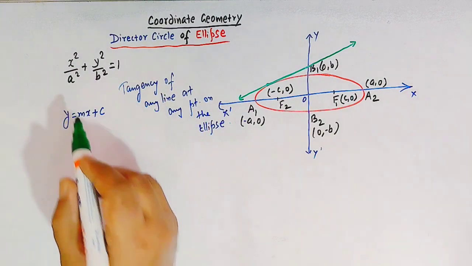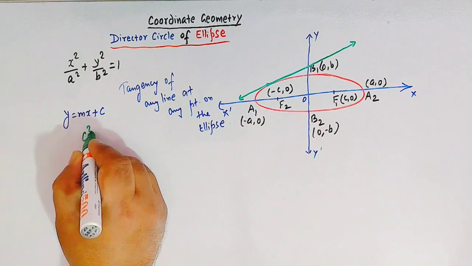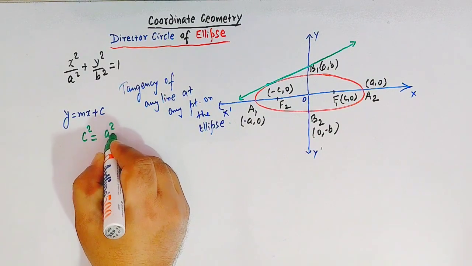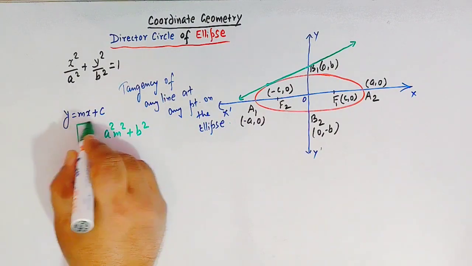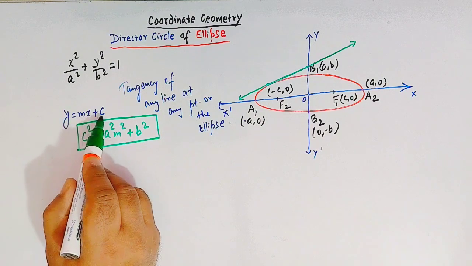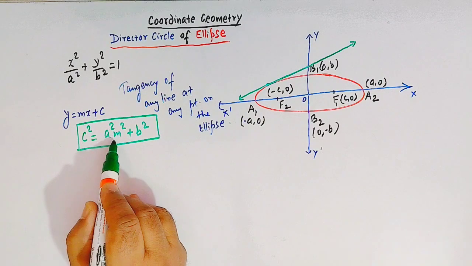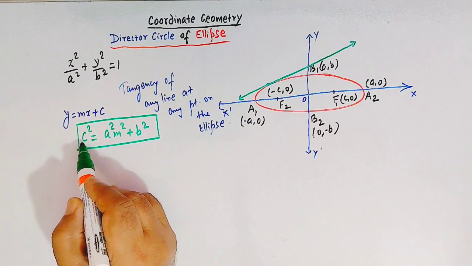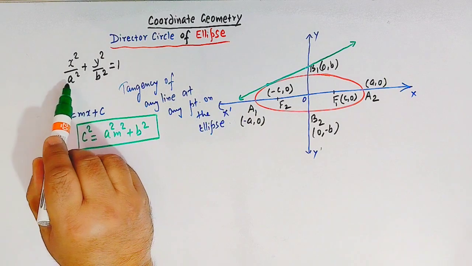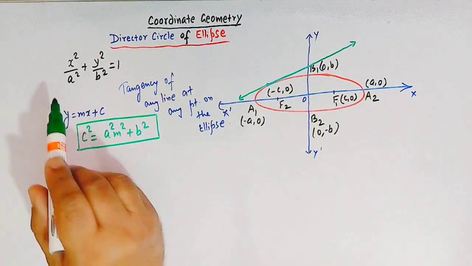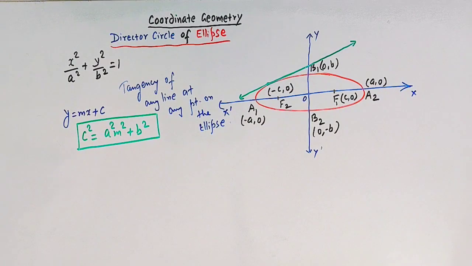The condition for tangency is given by c square is equal to a square m square plus b square, where c is the y-intercept, a and b are the semi-major axis and semi-minor axis, and m is the slope of this line.